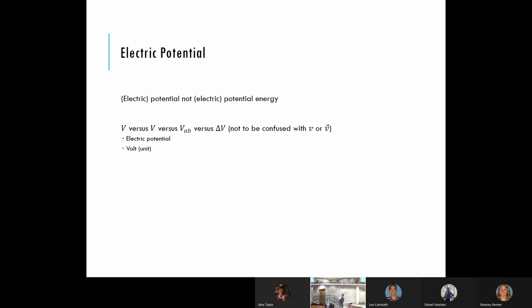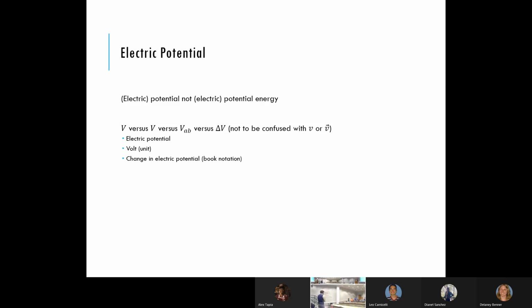Of course, that shouldn't be confused with VAB, which is what I consider the change in electric potential between two locations, A and B. And I've put in parentheses I can't remember specifically if our book uses it, but if you crack open a different textbook, chances are you might see this notation. I'd say it's about 50-50.